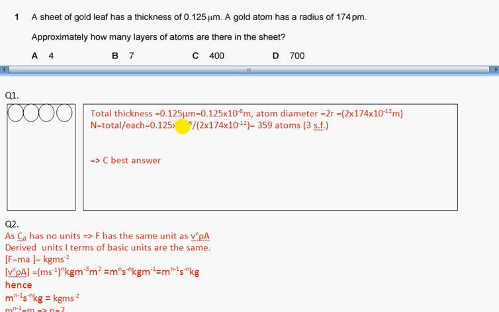So we substitute micro with 10⁻⁶, diameter 2r, they give us radius, attention. So 2 times 174 instead of pi, we put 10⁻12. We divide total thickness by each diameter and we get number of atoms. So number of atoms is 359, so the closest answer is C.